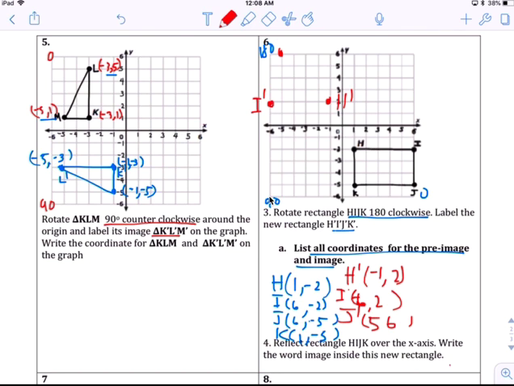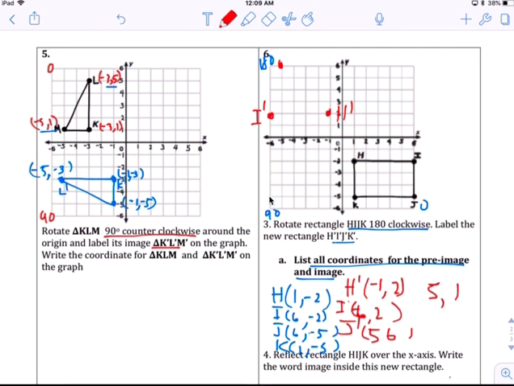Okay, hold on. 6, 5, and then 1, 1, 5 becomes 5, 1. What in the world? What did I do wrong? 1, 2, 6, negative 2, 6, negative 5. Why is it wrong then?